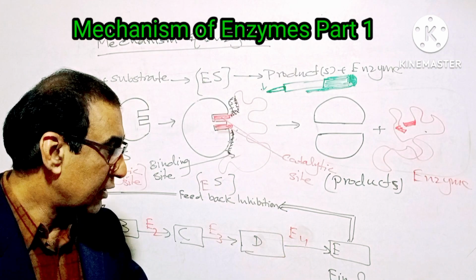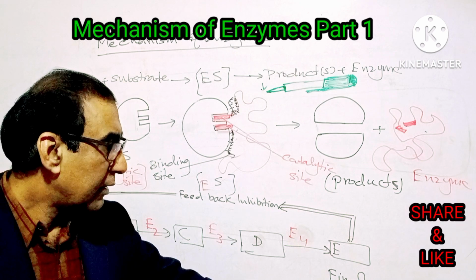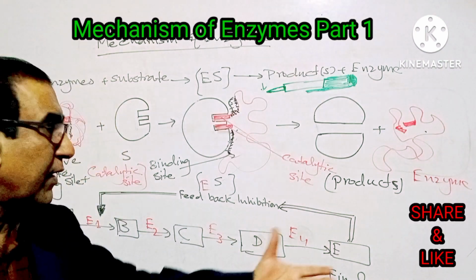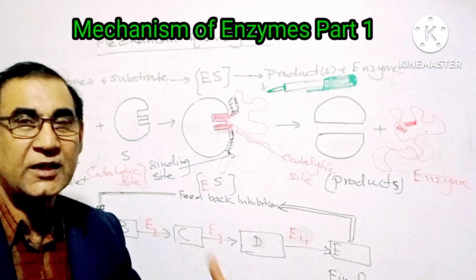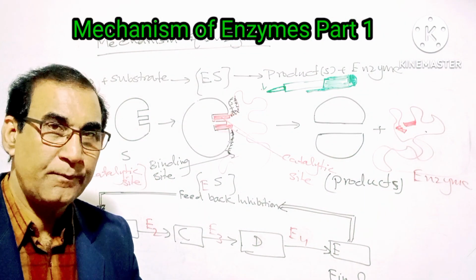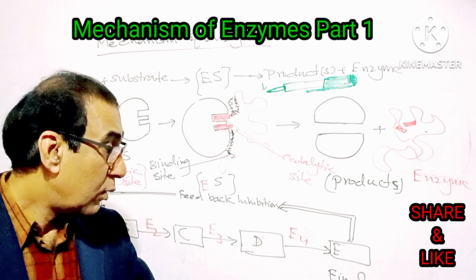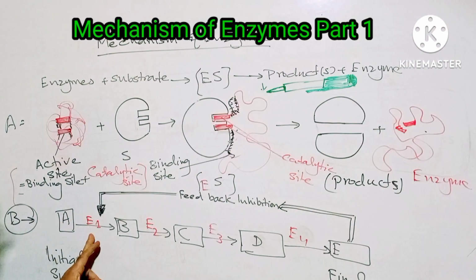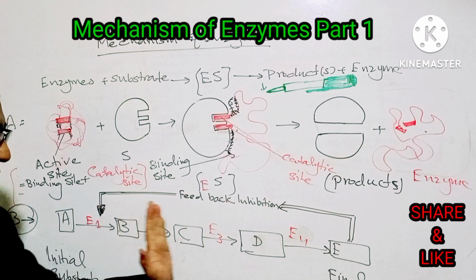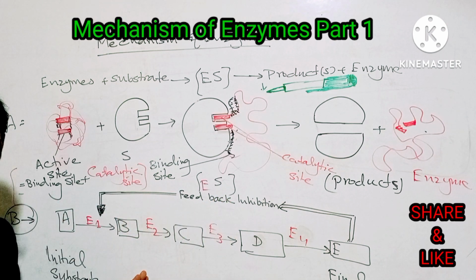As the final product is formed, it means that the objective has been achieved by the cell. Now this final product will send the message to enzyme 1 that no more catalysis is required.